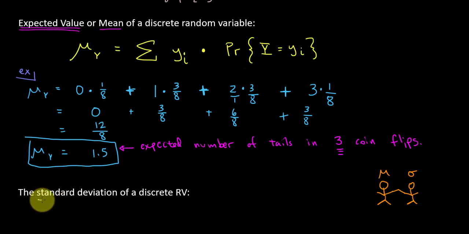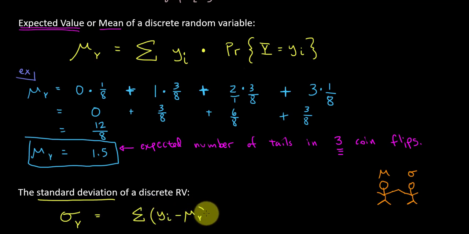Let's talk about the standard deviation of a discrete random variable. It still has the interpretation of being typical distance from the mean. But now we've got this new perspective with probabilities. We take our observations, subtract the mean, and square those deviations.